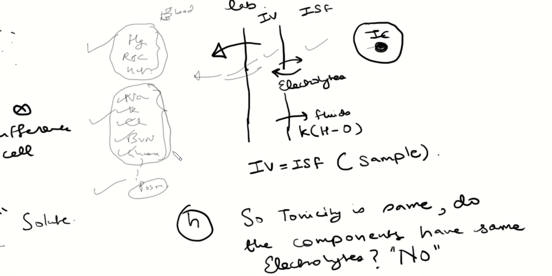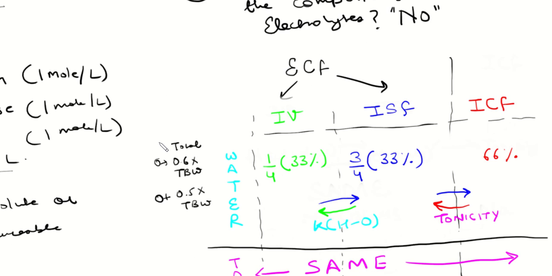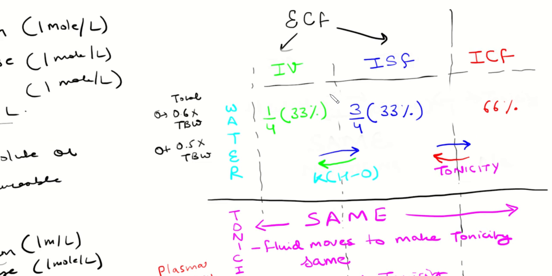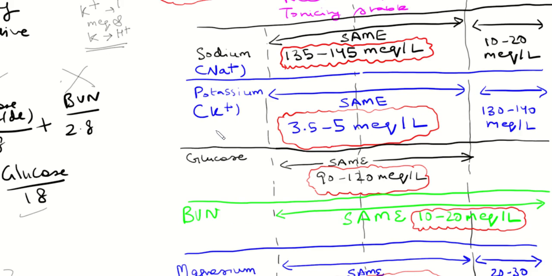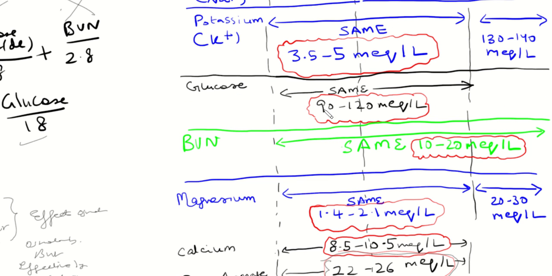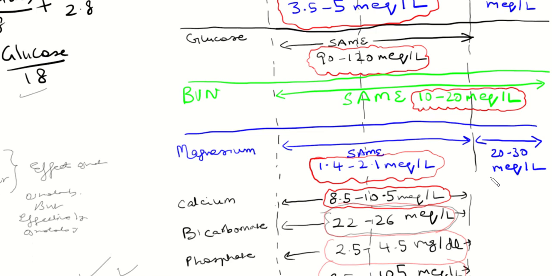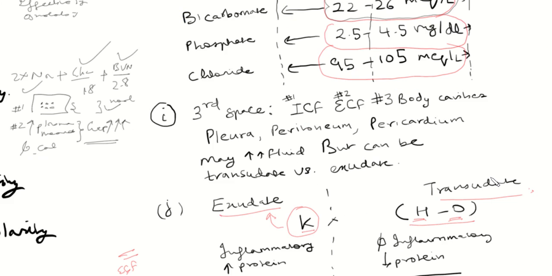We have some that are specific to ECF, and some that are specific to ICF, like plasma osmolality and BUN. We talked about different components and water, electrolytes, and tonicity and their concentration in different spaces and compartments in the body, and which ones we need to know.